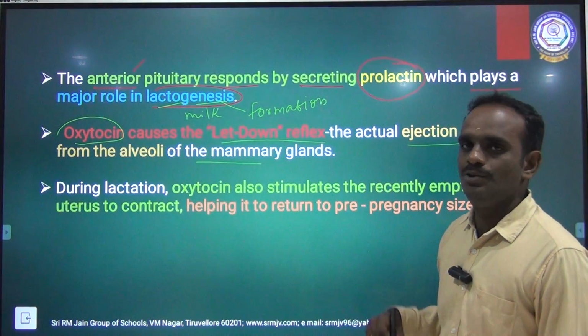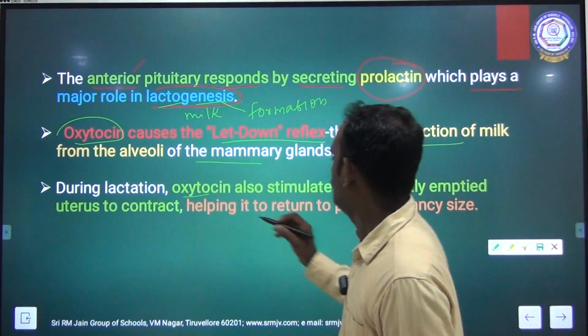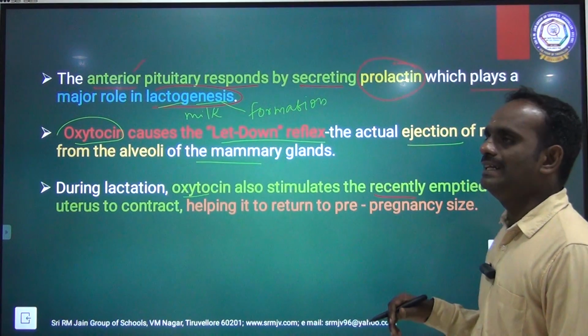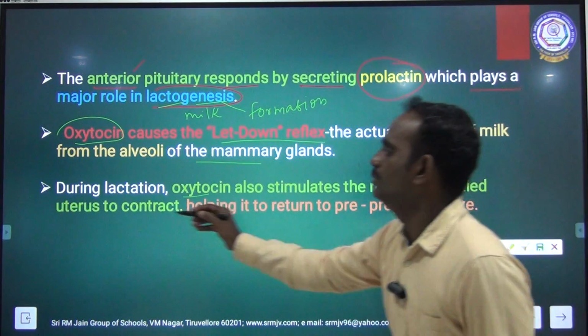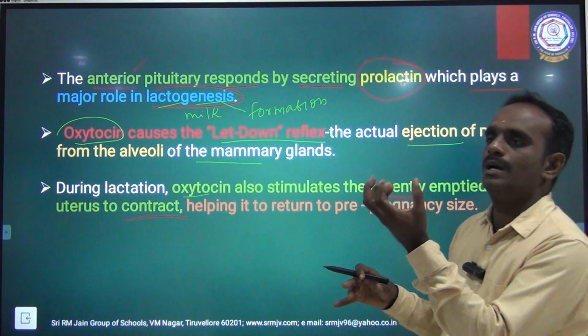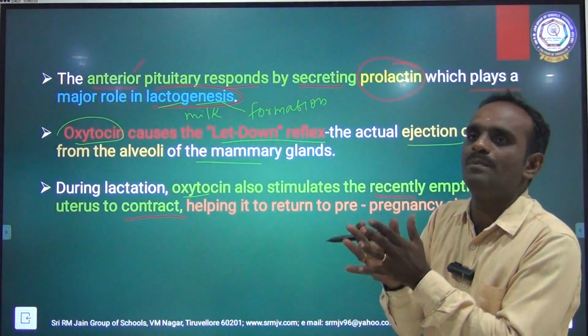During the lactation period, the oxytocin hormone stimulates the recently emptied uterus to contract. Once the fetus comes out from the uterus, the uterus is now empty.